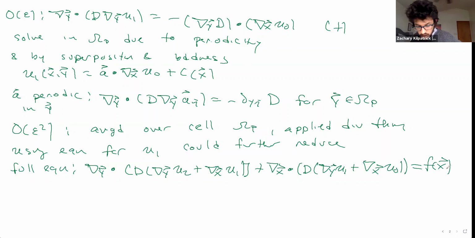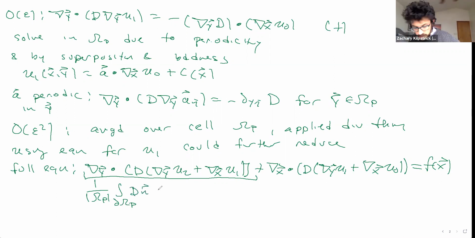So the averaging over this is going to give us 1 over the volume of the cell. The divergence theorem, remember we applied that. That's going to give us this normal derivative, the flux out of this domain.